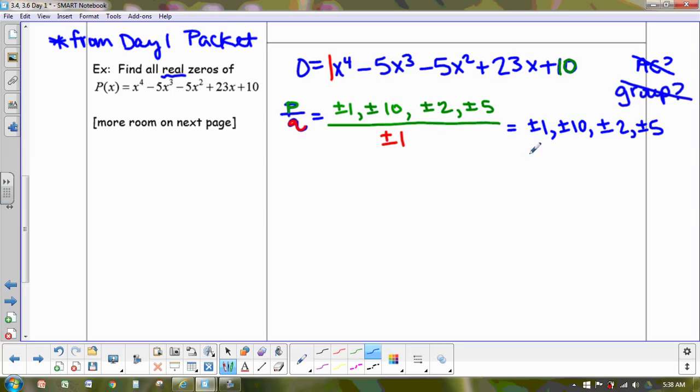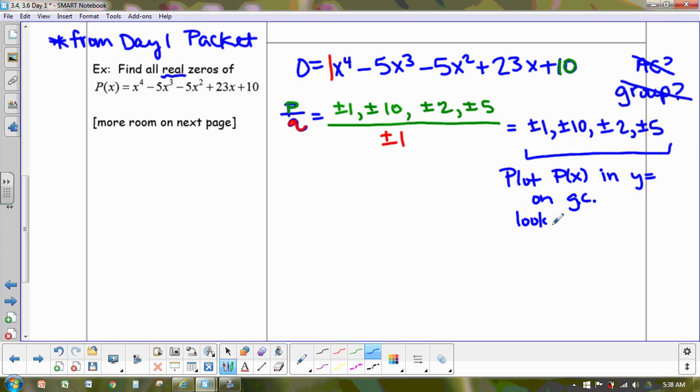So then you would take this list, you would plot P of x in your y equals on your graphing calculator, and you would look for x-intercepts on this list, because you need to know a place to start.